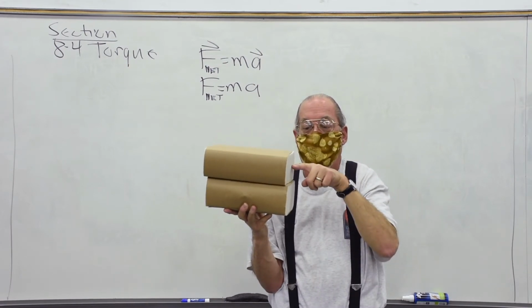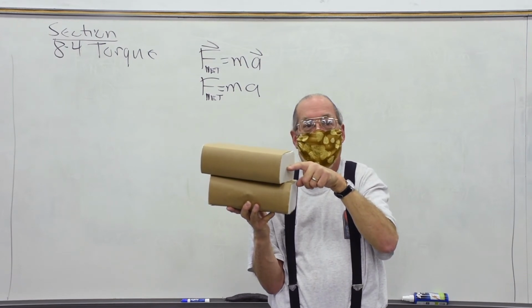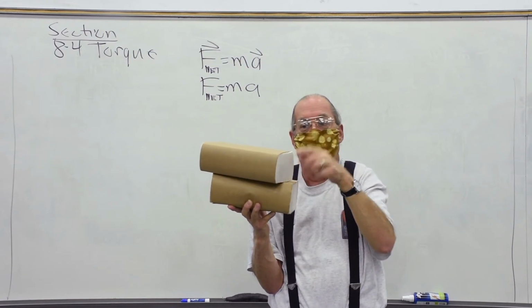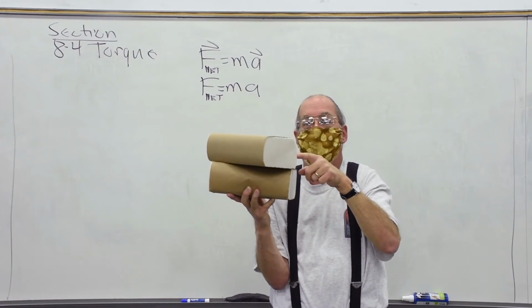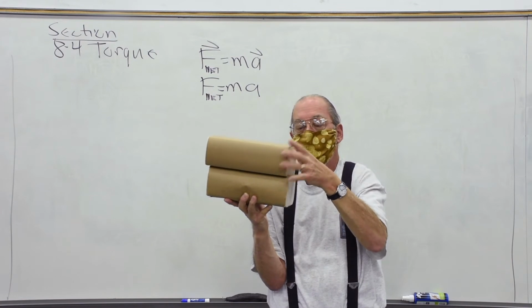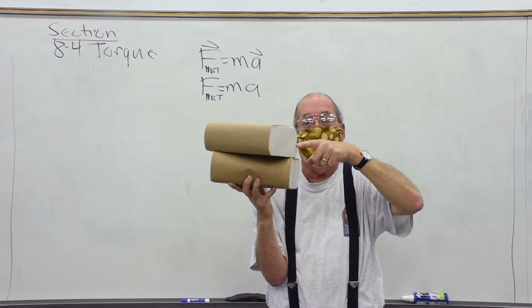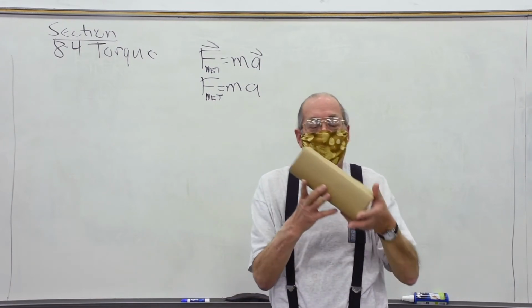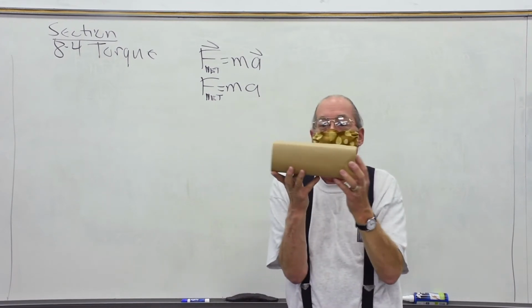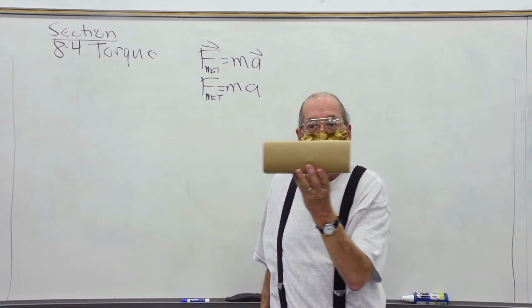What's going to happen if I apply the force this way? It rotates. Or if I apply it here, it rotates. Same force, it wants to rotate. So there's a combination where if I apply the force just properly, this will just translate.